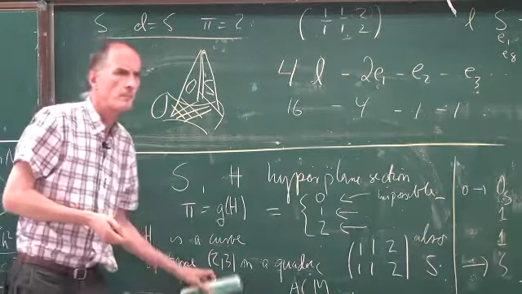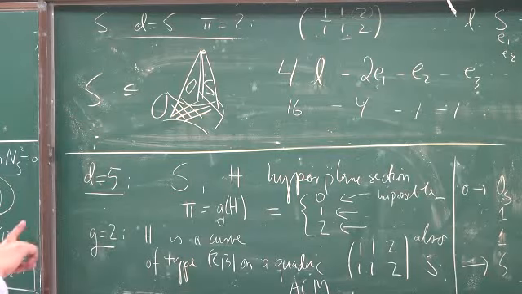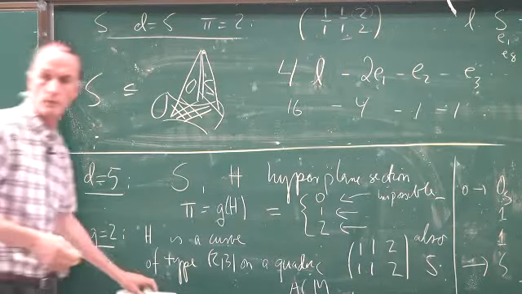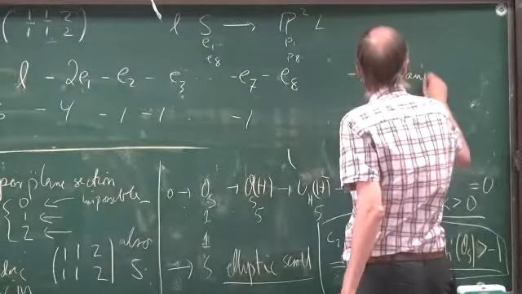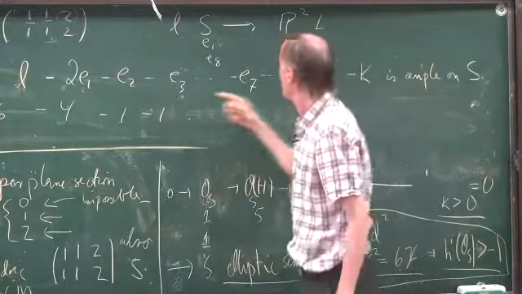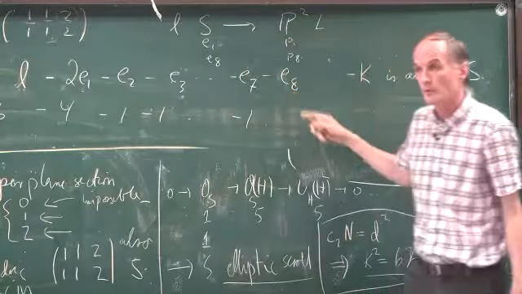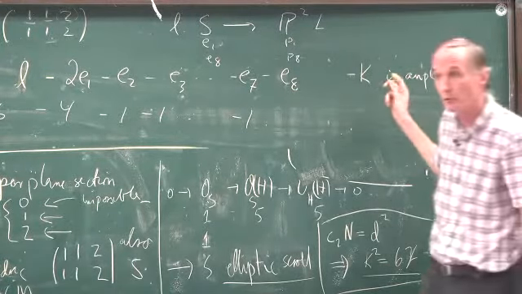So now, any questions on this? Yes? Minus K on this surface here, because you've blown up just 8 points. But we'll see later we blow up more than 9, even 10 points.